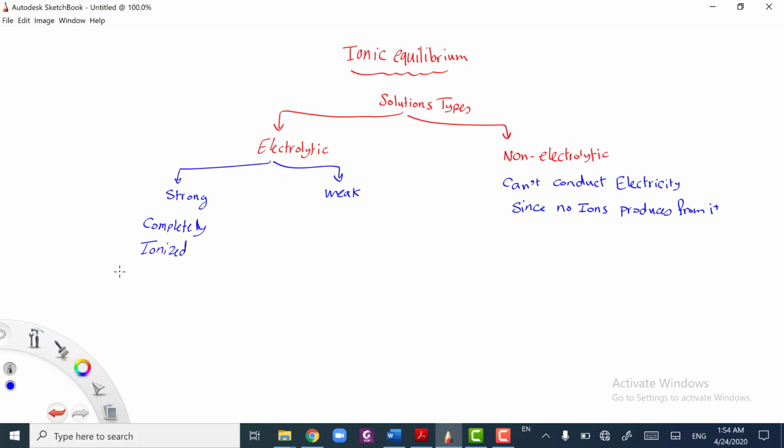As an example, HCl: when dissolved in water, it ionizes in one direction only, since it's completely ionized. It gives positive and negative ions, so it gives us H3O+ (hydronium ion) plus Cl-.